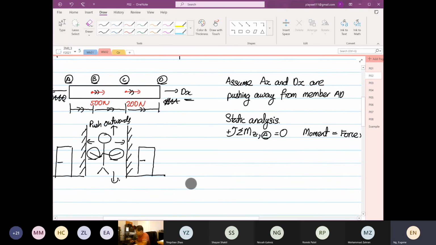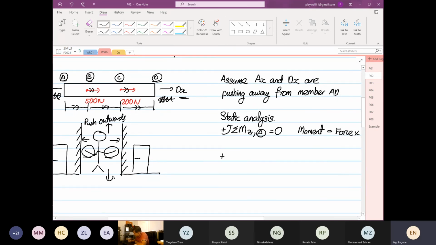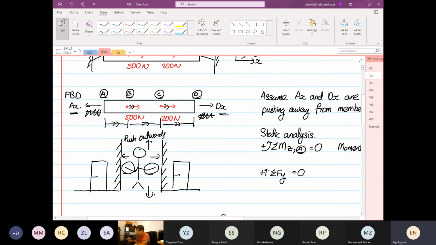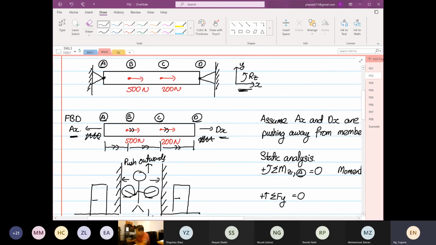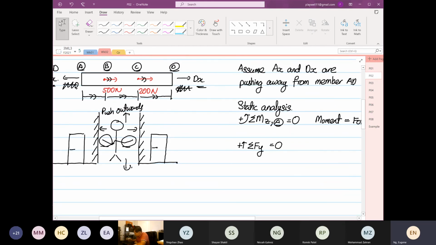Then next we are going to take the summation of forces in the y direction is equal to 0, right? So following this transformation, you also have no y forces. But we do have x. So the right hand side going towards the right, summation of forces in the x is equal to 0.